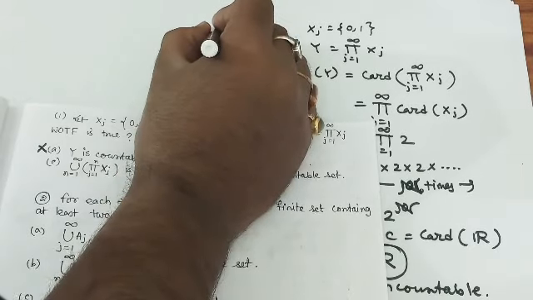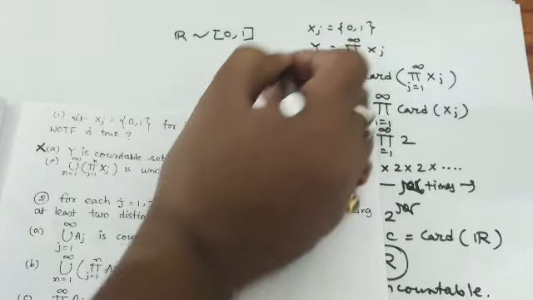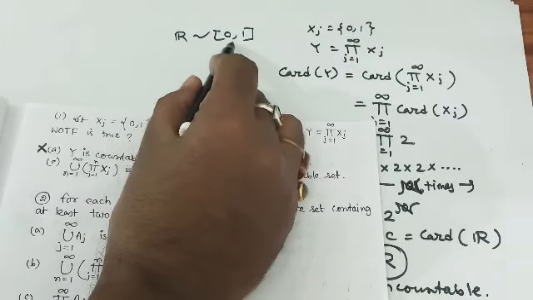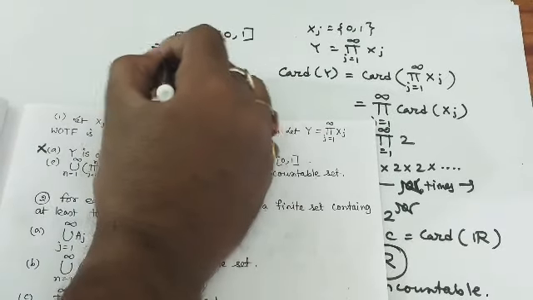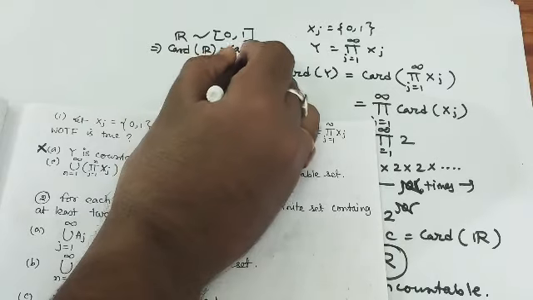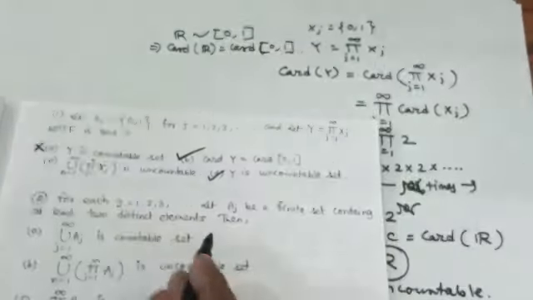So it is also equivalent to [0, 1]. Just for your convenience, take the closed interval [0, 1]; they are equivalent, that is, their cardinality is the same. Thus your second option is correct.